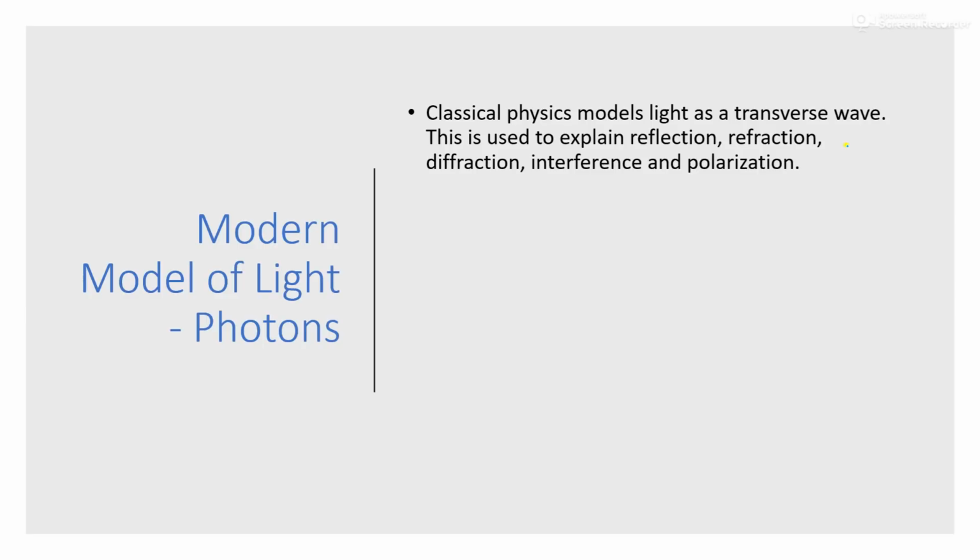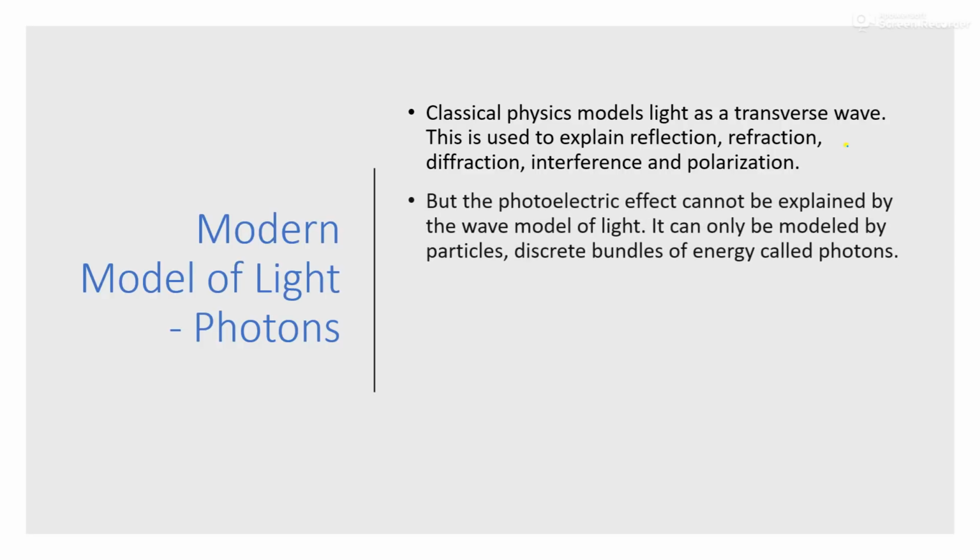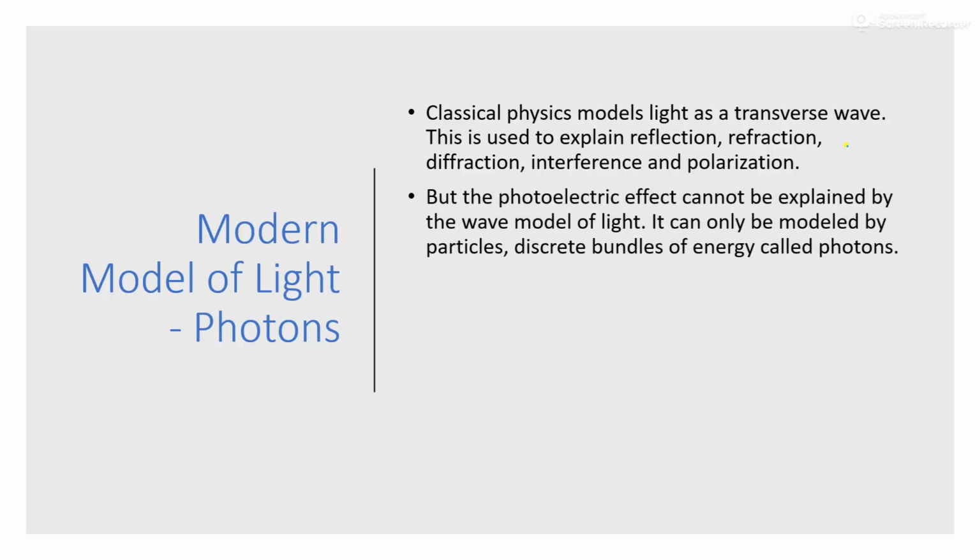So in summary, we can say several things. The classical physics model of light as a wave can only explain reflection, refraction, diffraction, and so on and so forth. But in order to explain the photoelectric effect, we can no longer depend on the wave model of light. We can only model it by light particles, which are called photons.